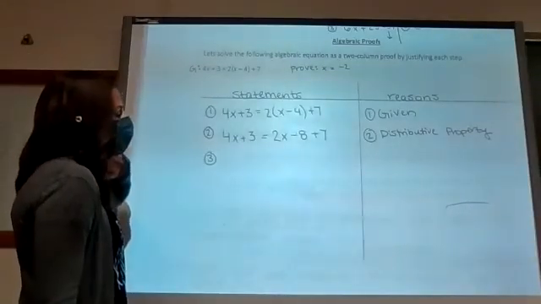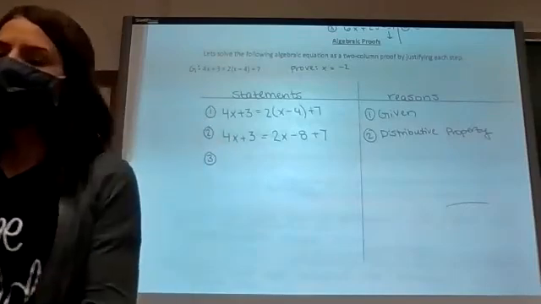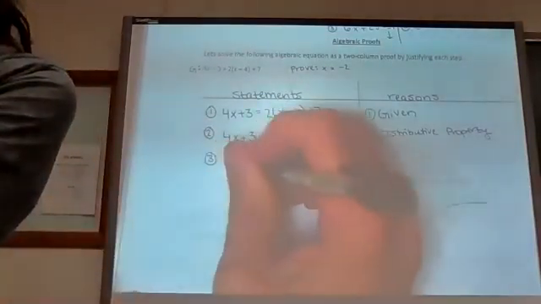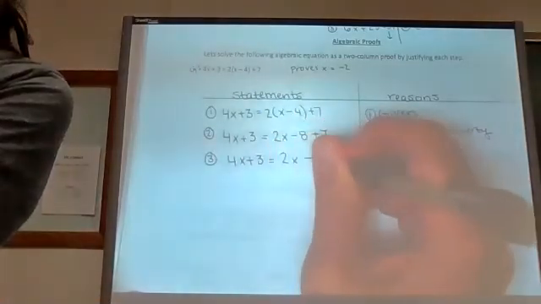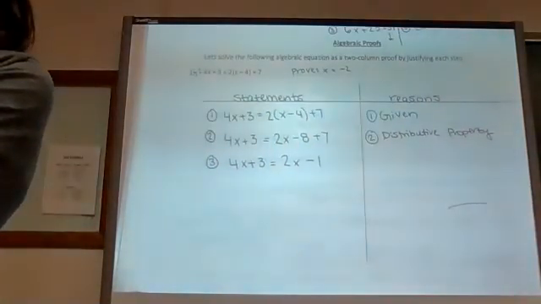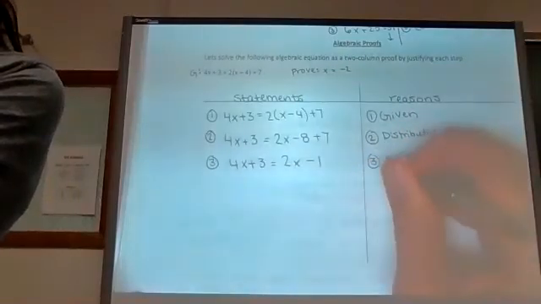And from this statement, I can state that 4x plus 3 equals 2x minus 1 because I saw like terms that I can combine.